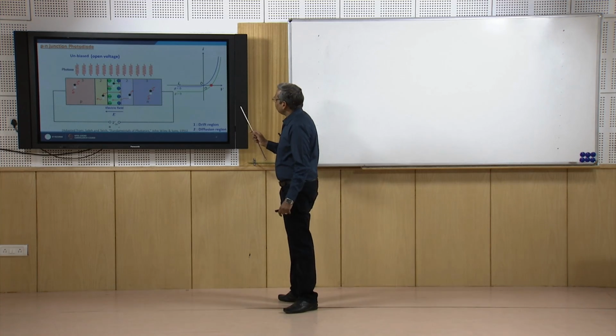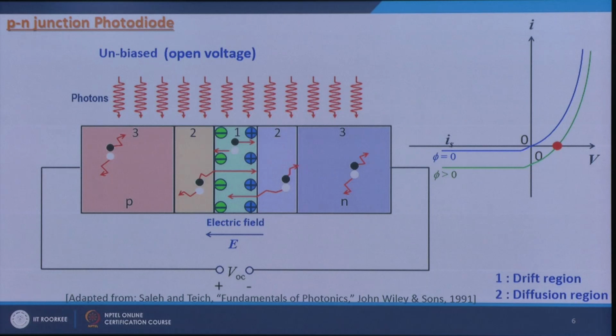So, if I look at the IV curve, then the IV curve in the presence of photon flux, phi represents the photon flux, becomes like this. And since I have not applied any bias voltage here, V is 0. Okay.